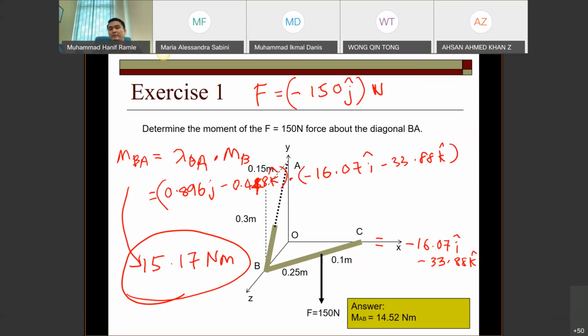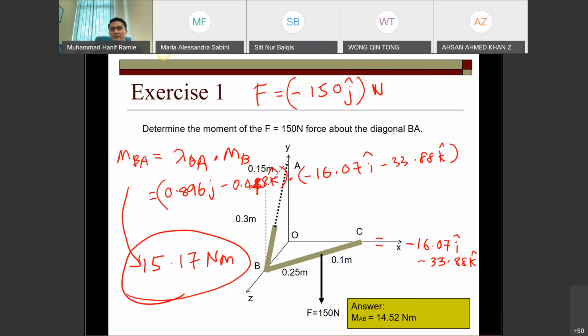Siti Nur Balkis, dapat tak? No, doctor. Which one? The final answer. How about lambda BA and MB, do you get the same answer?